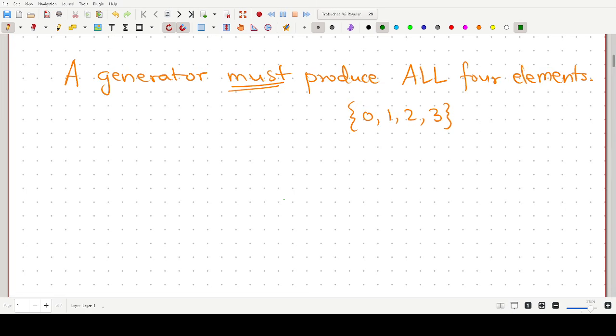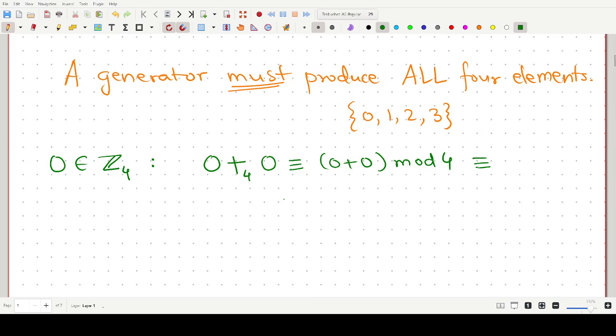So if we consider 0 belongs to Z4, right? When 0 belongs to Z4, you'd observe that 0 operated with 0 is going to be 0 plus 0 modulo 4, that is going to be same as 0, right? So 0 is basically the idempotent element or the identity element.